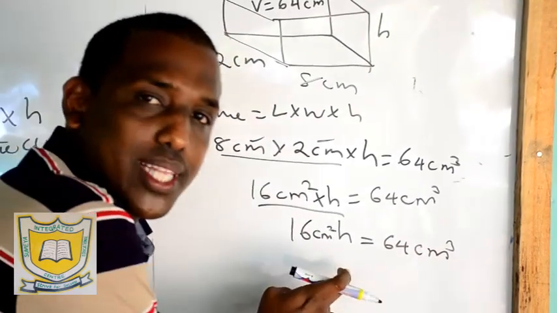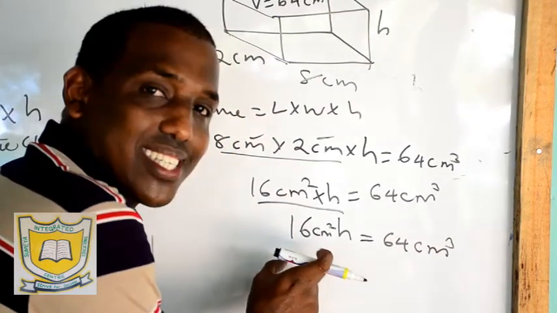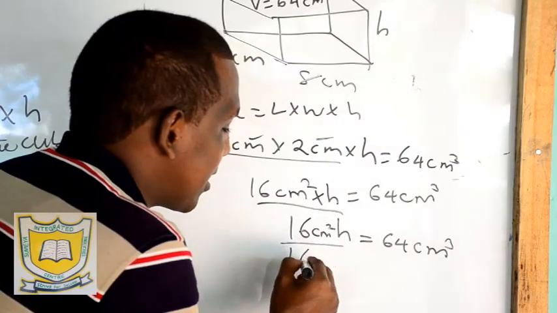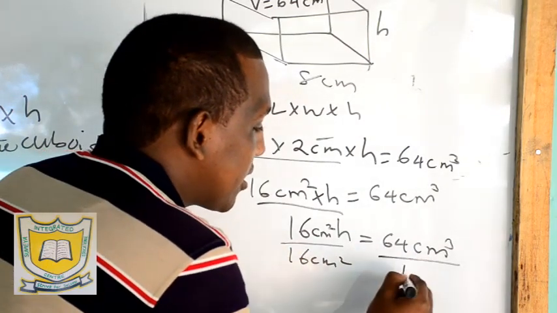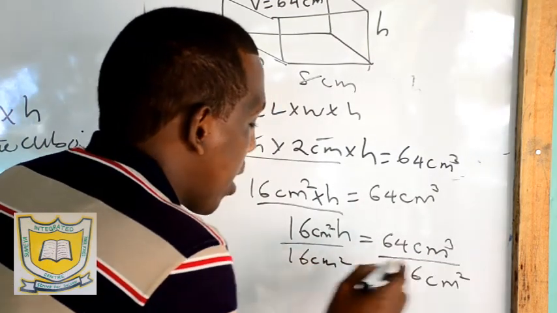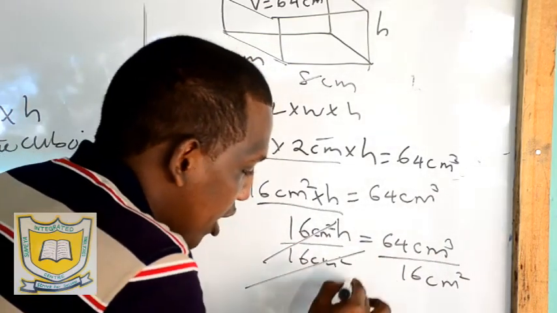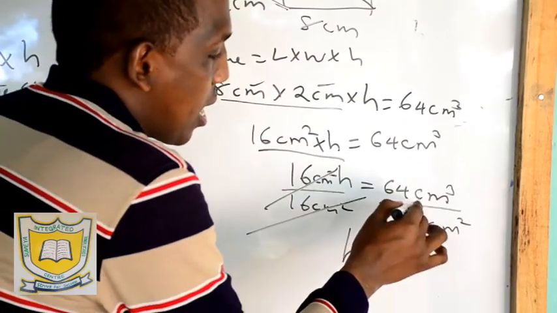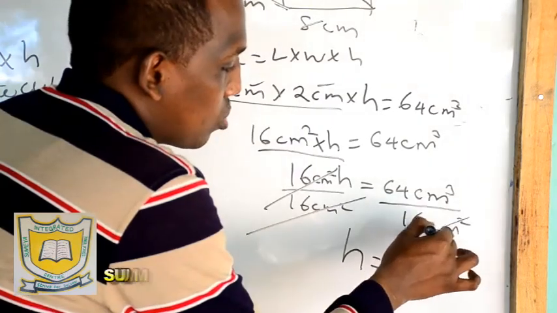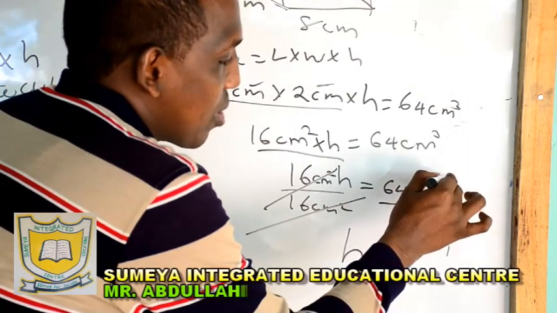What do we do now to get the height? We divide both sides by 16 centimeter squared. They cancel. H is equal to now, centimeter cube by centimeter squared, 2 will go, 1 centimeter will remain, because they were 3.